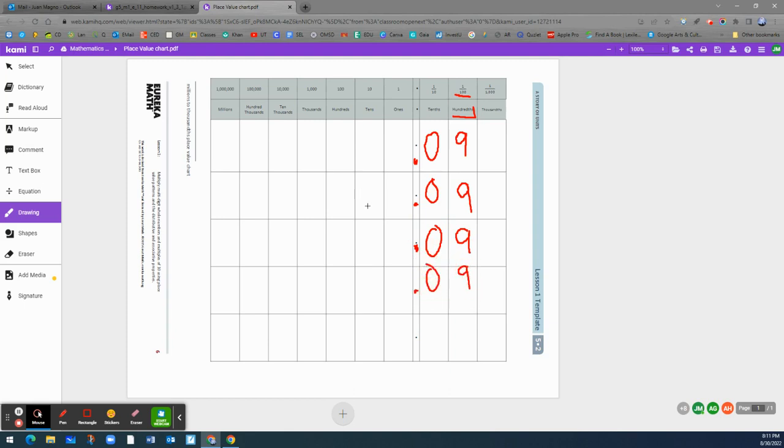Once you have set up your place value chart, then what you do is this: 9 plus 9 equals 18. When you add 8 plus 8 equals 16, you carry 1 over, then 1 plus 1 equals 2, plus the 1 up here equals 3.